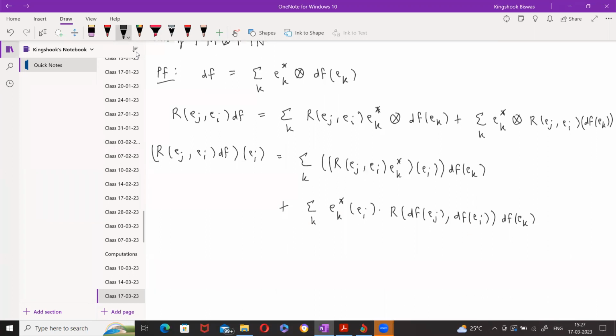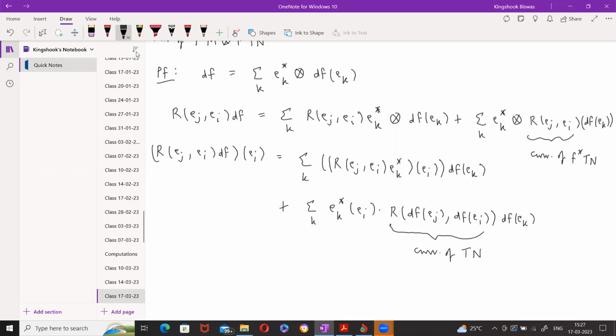So I should write here, this is the curvature of F star TN, and this thing here is the curvature of TN.